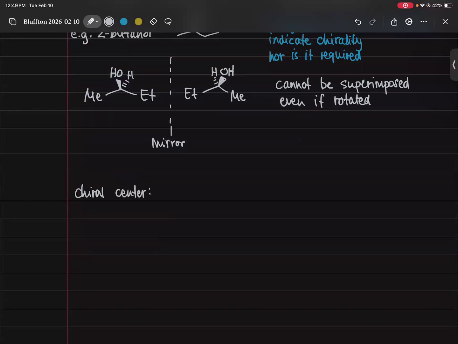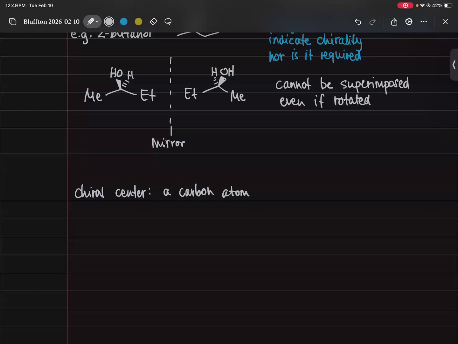All right, a chiral center is just the carbon atom that we're interested in here. More specifically, it is a carbon atom. Technically, it can be another element, but for our purposes, we're just going to talk about carbon.